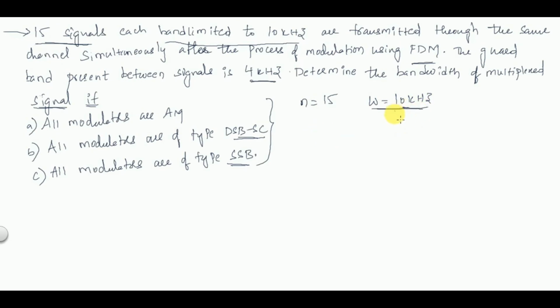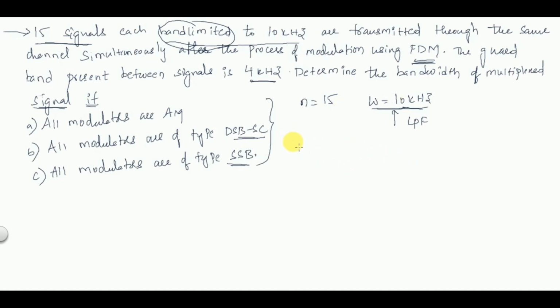After passing each message signal through the low pass filter, which is called the band limiting filter, it is band limited to a frequency of 10 kHz. So W is equal to 10 kHz, and they are passed through the channel using frequency division multiplexing, and the guard band present is 4 kHz. Then determine the bandwidth of the multiplexed signal.